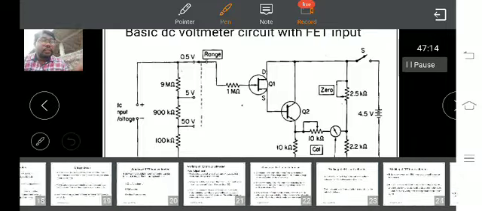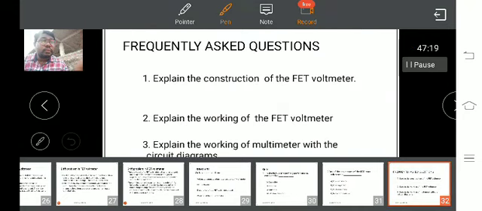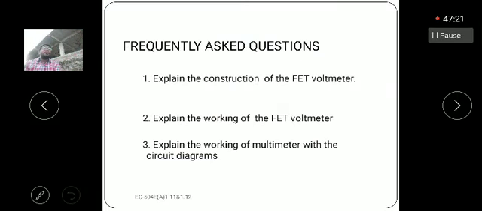That is an important question asked in the examination. This is the first question: explain the construction of the FET voltmeter. That means you have to draw the FET input voltmeter circuit, and also draw the three sections, like the range attenuation section, the source follower section, as well as the bridge circuit, the balancing of the bridge, and how the potential division, source follower and bridge arrangements are connected.